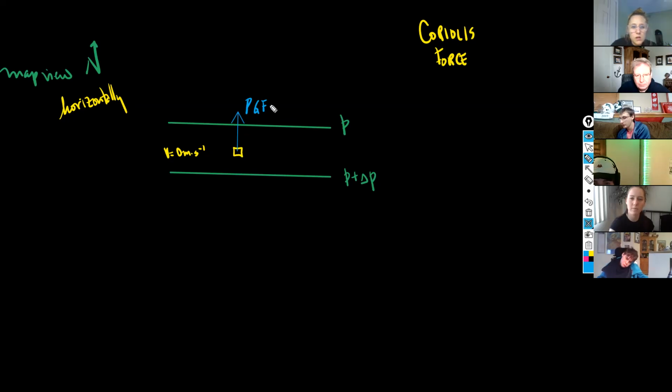The pressure gradient force always acts from high to low. Do you see that this pressure gradient force is pointing from higher pressure, south, to lower pressure, north? Now, it's only south and north because that's the way the isobars look right now. So high to low pressure is always perpendicular to the isobars. So you need to remember that this is always perpendicular to the isobars. And it points to the north.